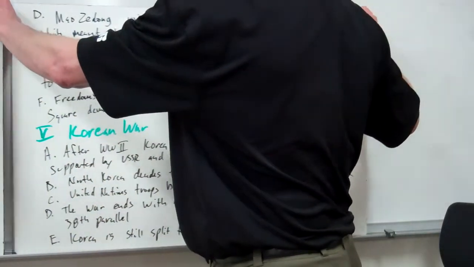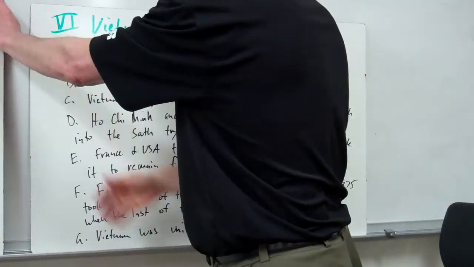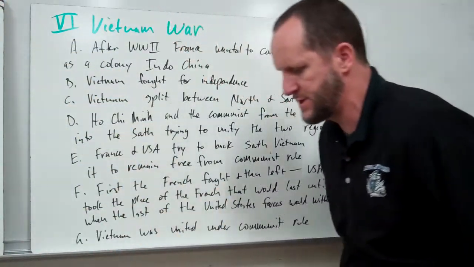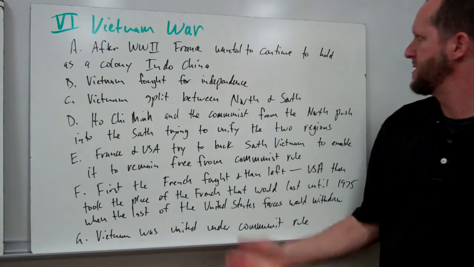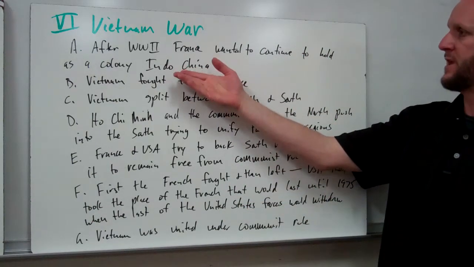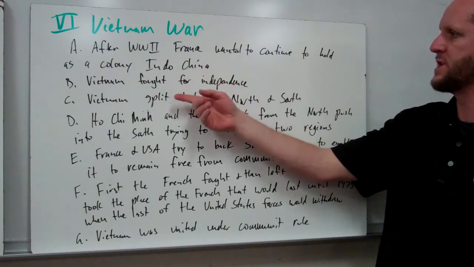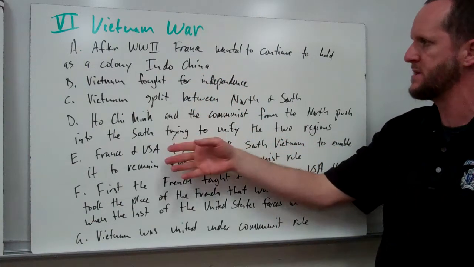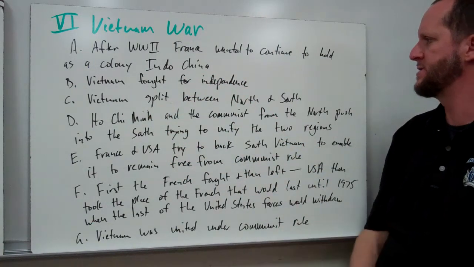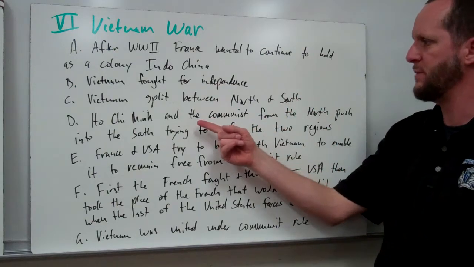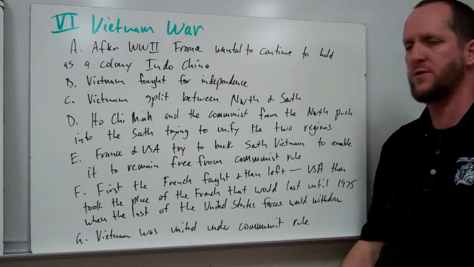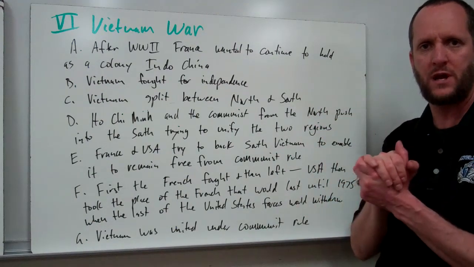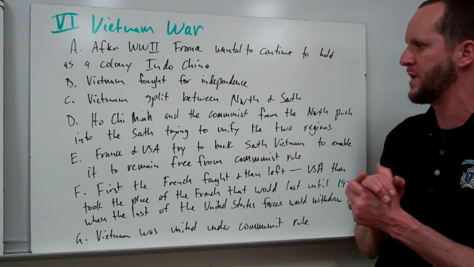And then one other topic that I wanted to discuss today is the Vietnam War. Similar to the Korean War, after World War II, France wanted to continue to hold Vietnam as a colony in Indochina. Vietnam fought for its independence. Vietnam split into North and South. Ho Chi Minh and the communists from the north pushed into the south, trying to unify the two regions and bring Vietnam back together in one country.